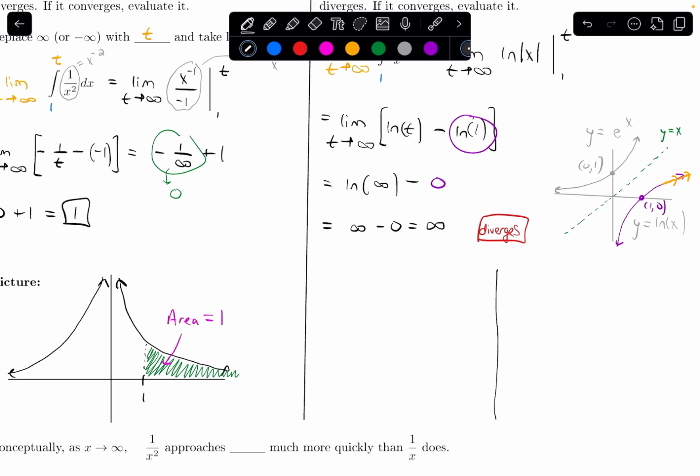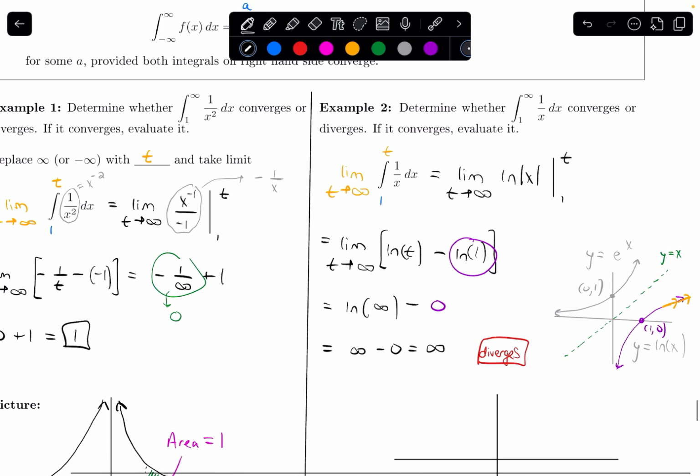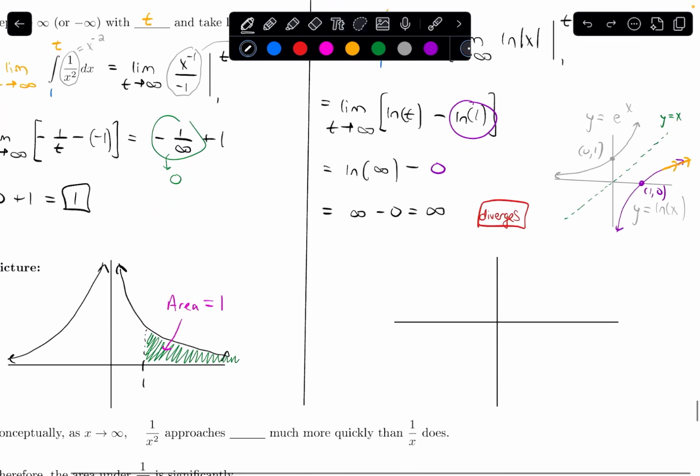What does the picture of this one look like? Well, if I draw some axes, now my function is 1 over x, and that function's got two pieces. There's one piece over here in this first quadrant, and then a mirror image in this third quadrant. I was focused on the region starting when x equals 1 and then going onwards out to infinity.